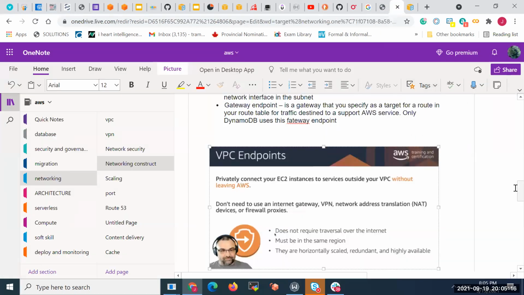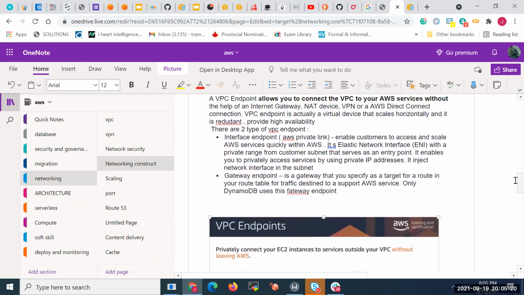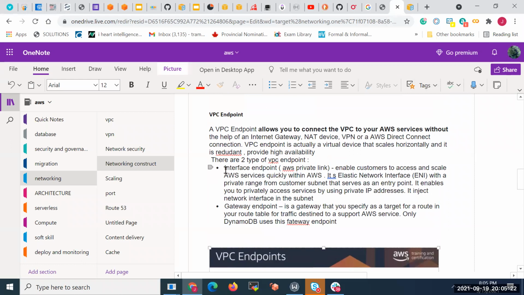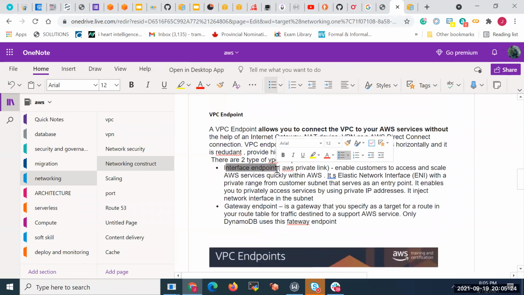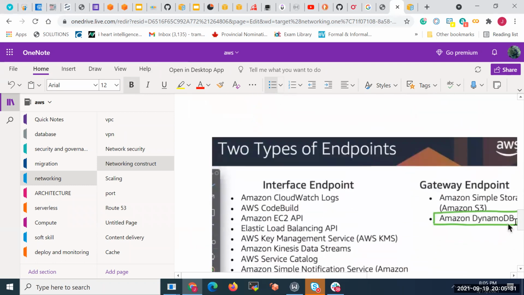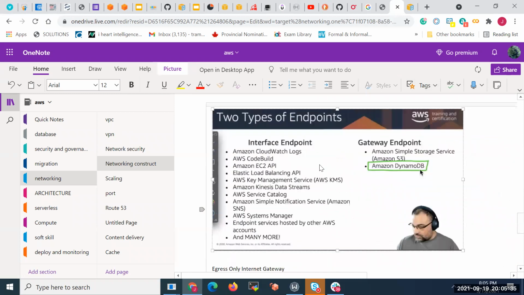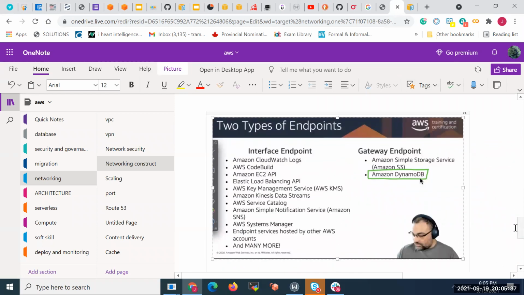In VPC endpoint, there are two different types: interface endpoint and gateway endpoint. You can read more on that, but basically, interface endpoint covers a long list of services.